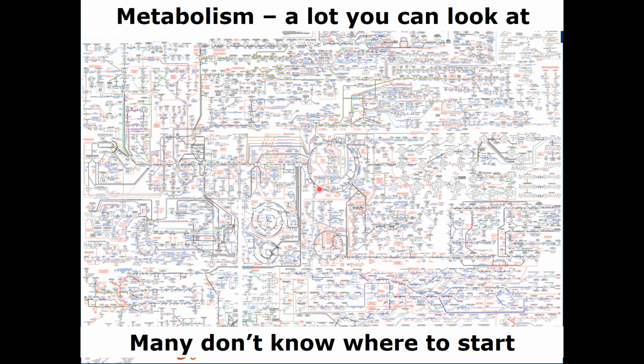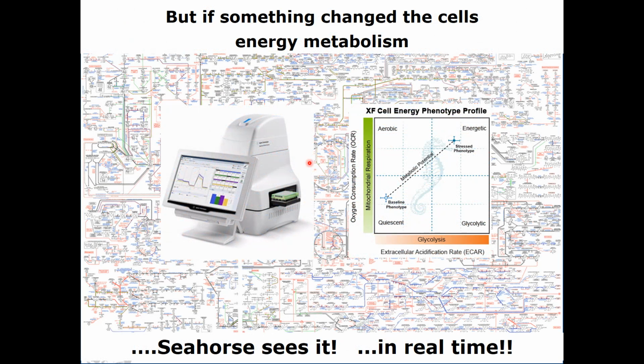Here is the TCA cycle for mitochondrial oxidative phosphorylation, and this pathway is glycolysis. As long as we use the Seahorse analyzer, we can easily monitor the whole cell metabolism and the change of these two pathways.